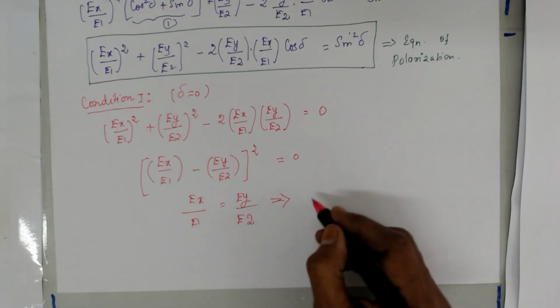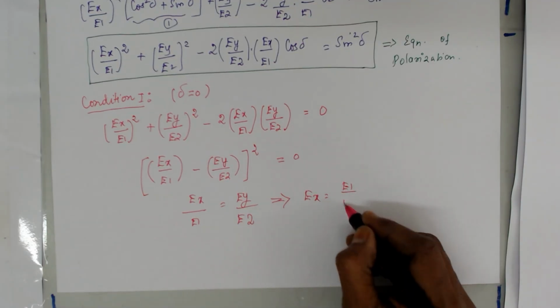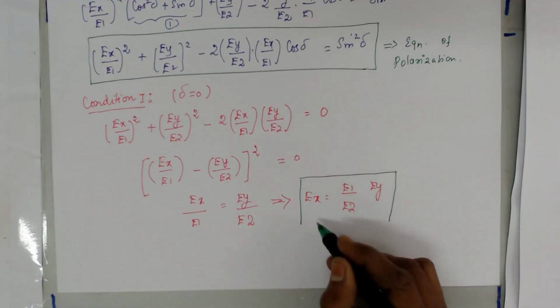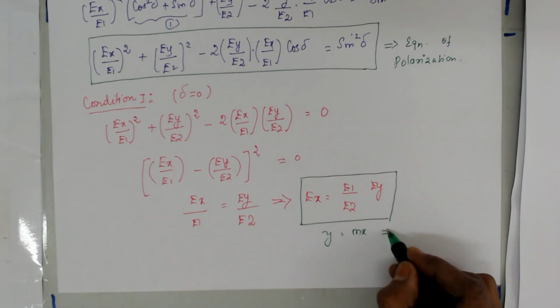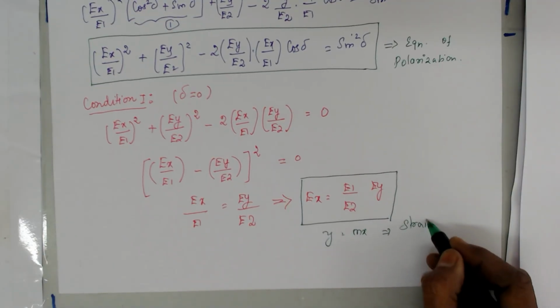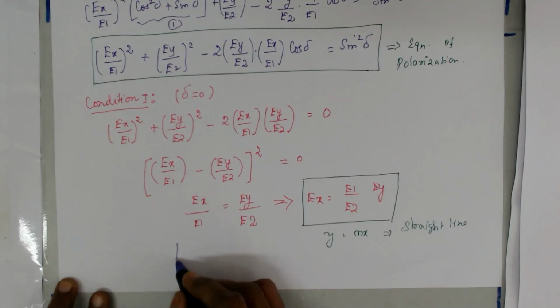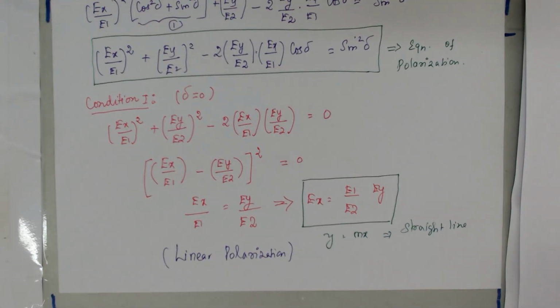Or from this we can say Ex is equal to E1 divided by E2 into Ey. So this equation is of the form y equal to mx, which is the equation of a straight line. Hence, the condition will give you a linear polarization. This proves the condition for linear polarization. So condition 1 has been proved for linear polarization.